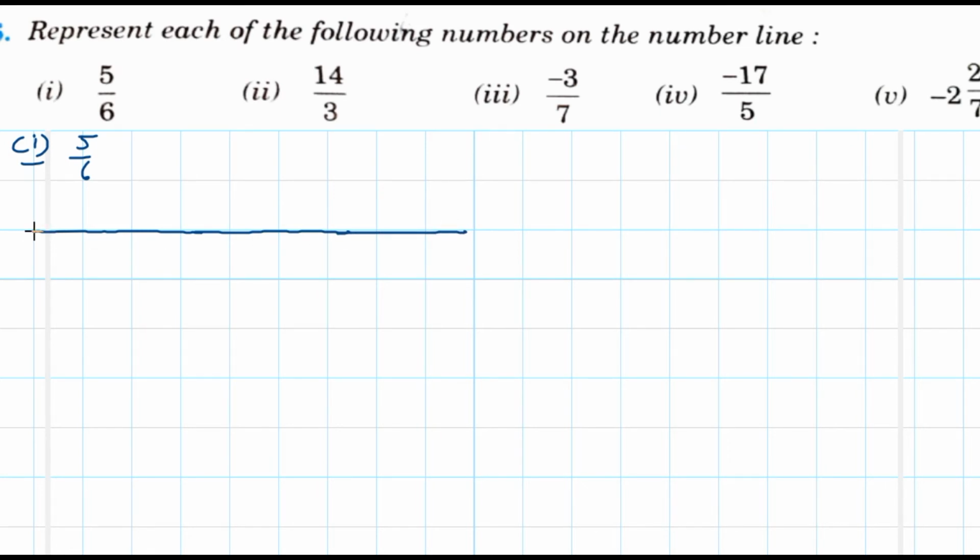Right, so this is the number line, and on this number line we will take the middle point O. So on this side is minus, on this side is plus.